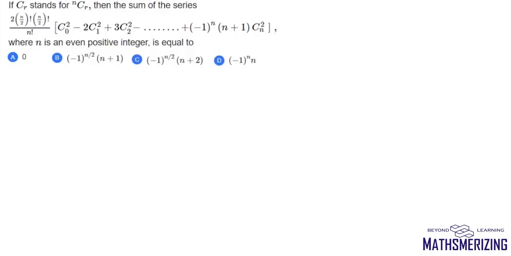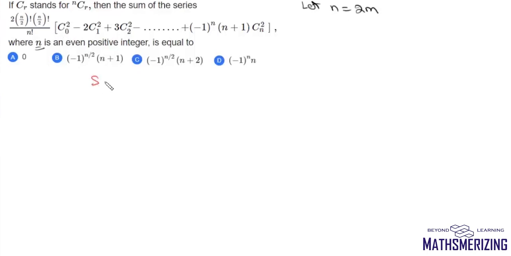Here the question is, we'll need to find the sum of this series, which is 2 factorial (n/2) factorial (n/2) upon factorial n into C0 square minus 2C1 square plus 3C2 square, up to (-1) to the power n, (n + 1) Cn square, where n is an even positive integer. So what we'll do is, we'll say let n equals 2m.